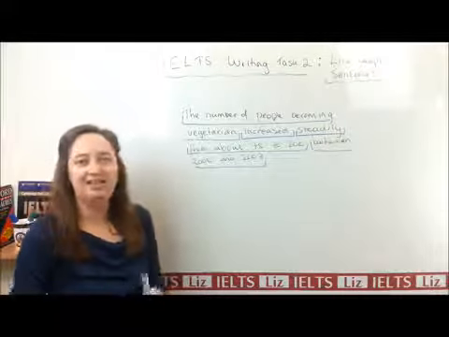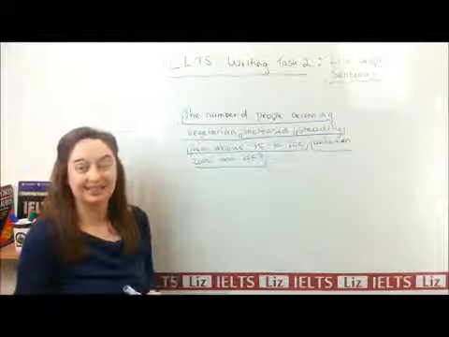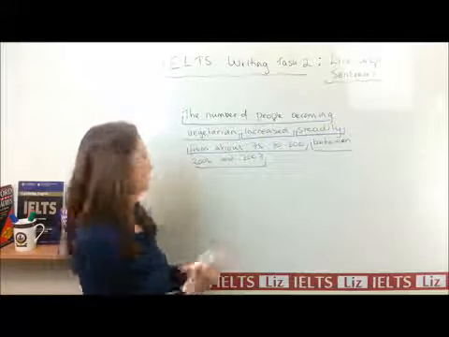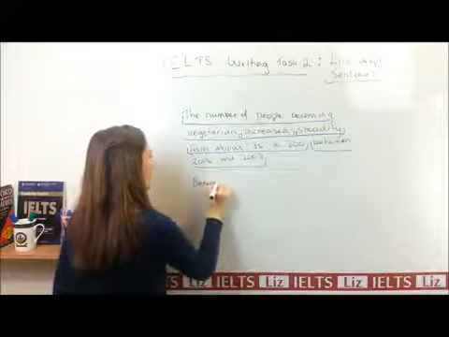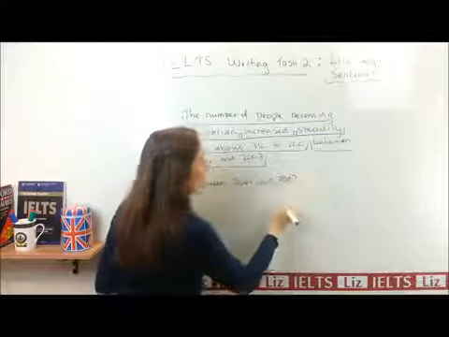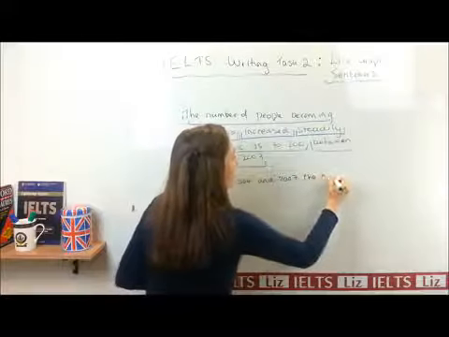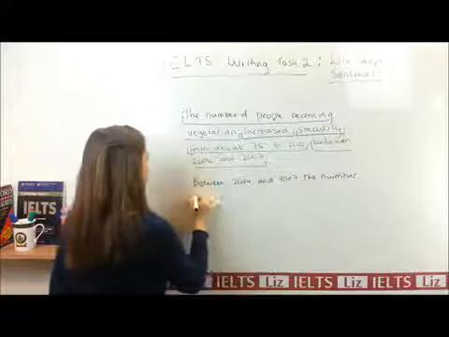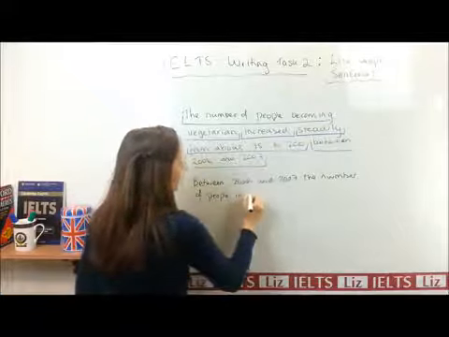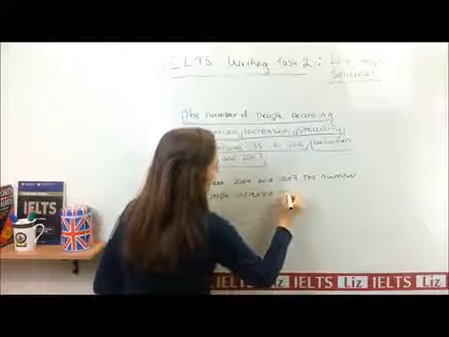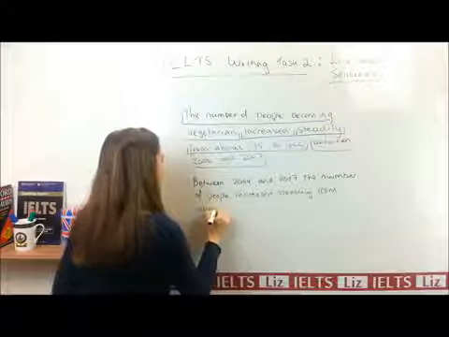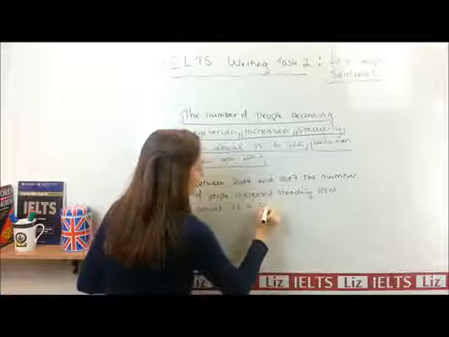So let's change that a little bit and write the sentence in a different way. Well, one way we could change it is we could start with the dates. So between 2004 and 2007, the number of people, and we can say becoming vegetarian, increased steadily from about 75 to 200.